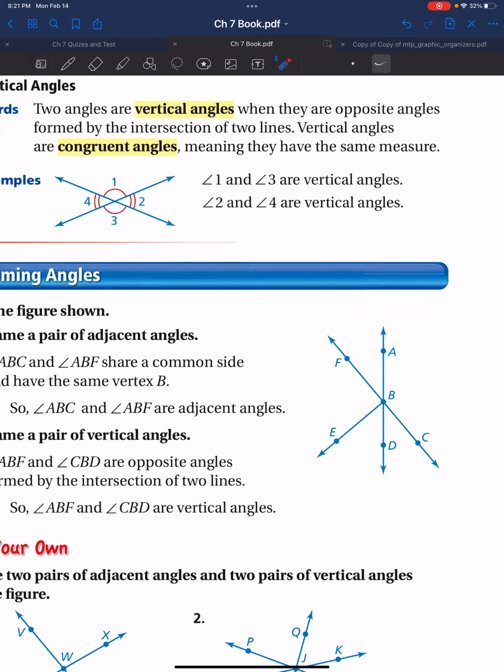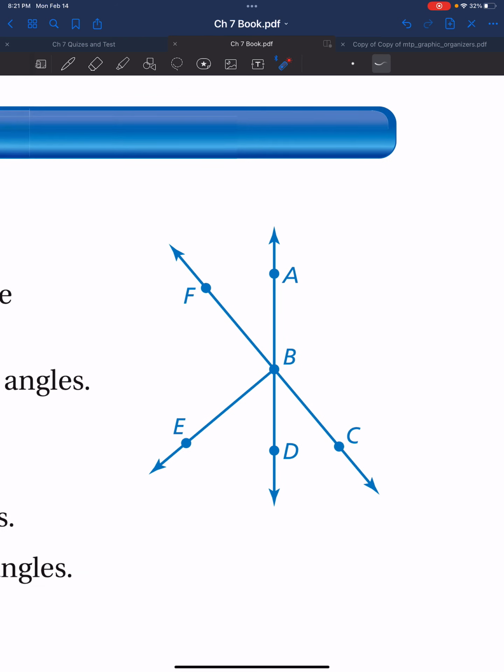We have to be super careful with this one. For example, here I'll do this in blue, I would not say EBD and FBA are vertical. Because are they perfectly across from one another, or is this guy just a little bit tilted off to the side? Which means I could not say that those are vertical, okay?